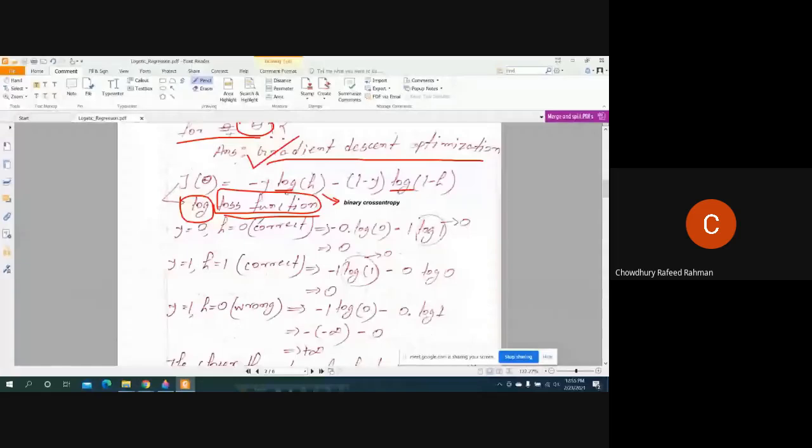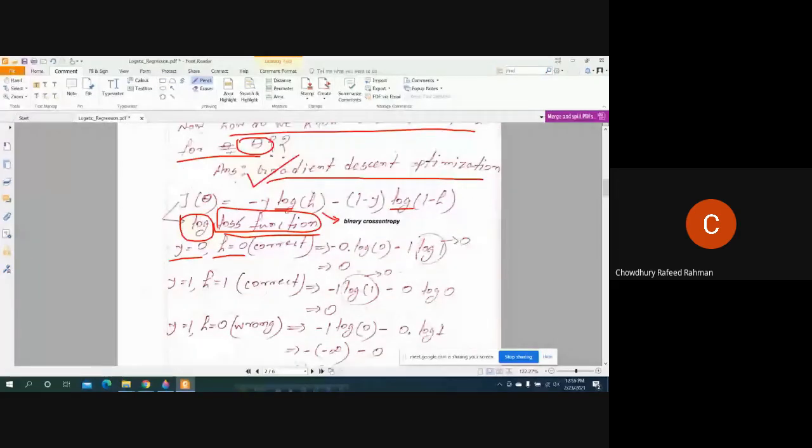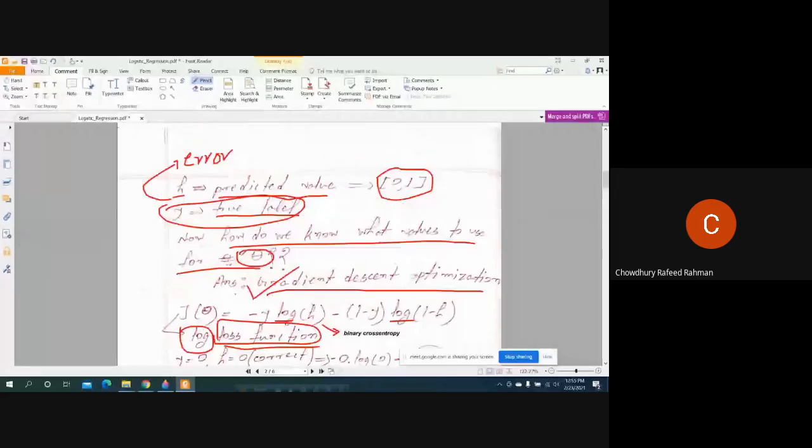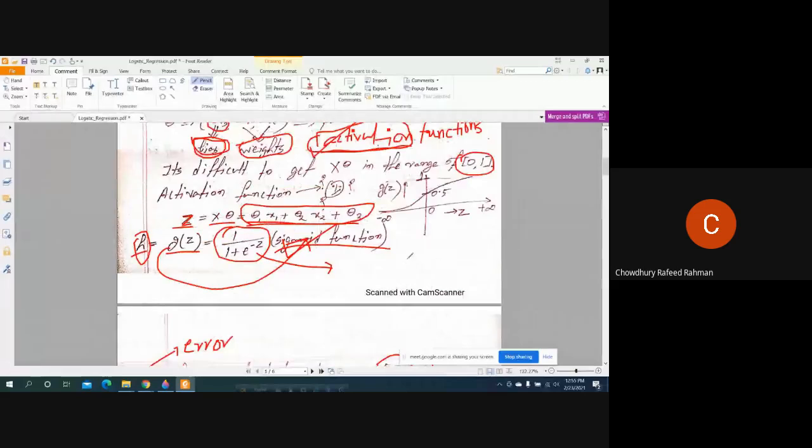Suppose we have y equal to 0 and our prediction h becomes exactly 0. This is a very, very unrealistic case. The value of h will never actually be exactly 0, because h is a dot product followed by a sigmoid function. So h may be 0.3 or 0.05, but getting an exact 0 is very, very rare.